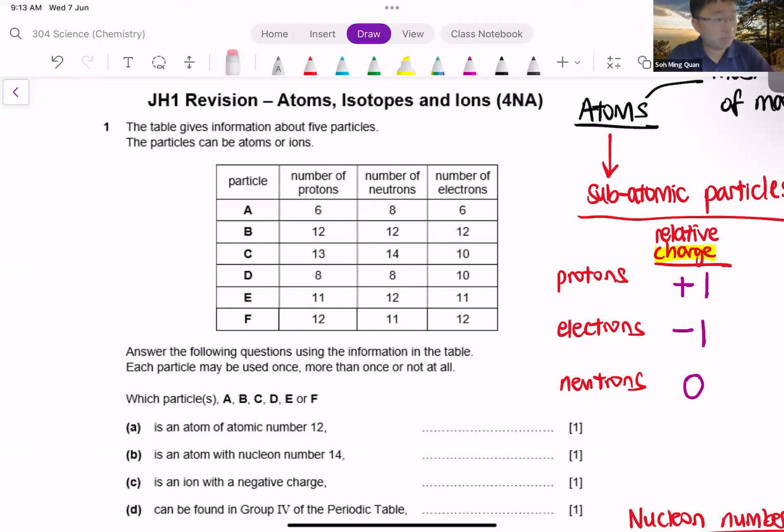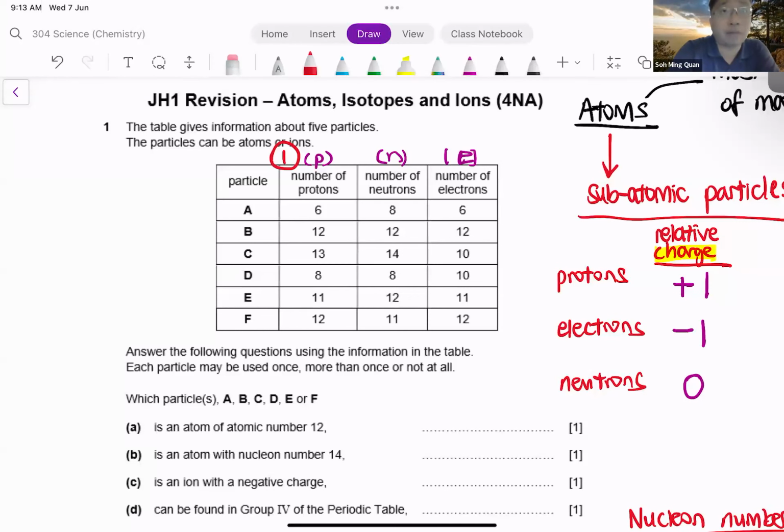You are given the number of protons, number of neutrons, number of electrons. You are given 3 different pieces of information. The question is, where do you start? Now, whenever you are given a question with number of protons, electrons, neutrons, whenever you are given this kind of data, you always start from the proton.